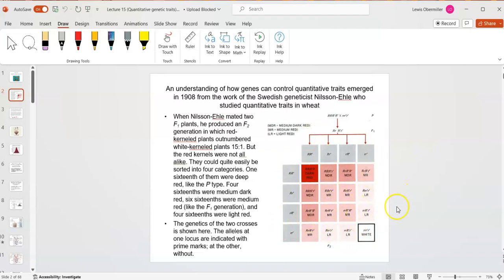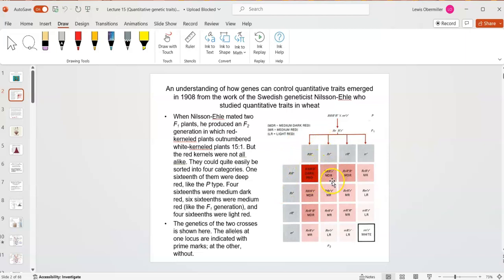This is also how it is with human skin color, and we talked about that, right? There are 3 genes involved in this, and so you have a range of these genes. Let's say in this case, each of these puts in some red pigment. If you have 4 dominant alleles, then you're going to be dark red.